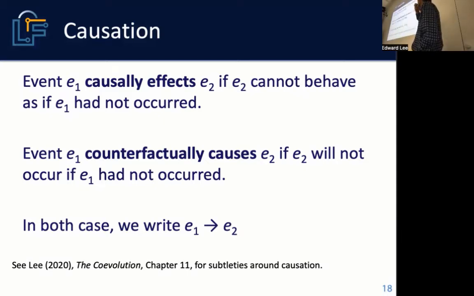First of all, causation is usefully distinguished between two different forms. You can have an event E1 that causally affects E2 if, loosely, E2 cannot behave as if E1 had not occurred. That wording is a little bit subtle and easy to misinterpret.